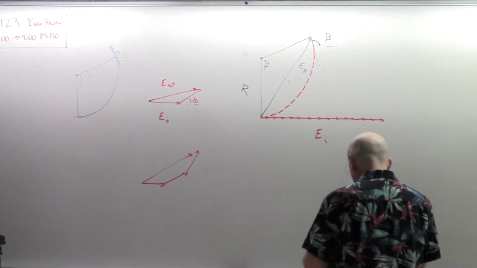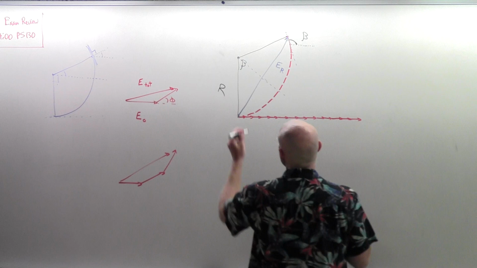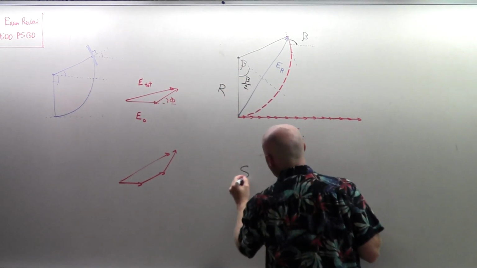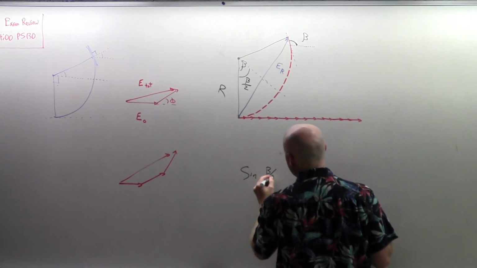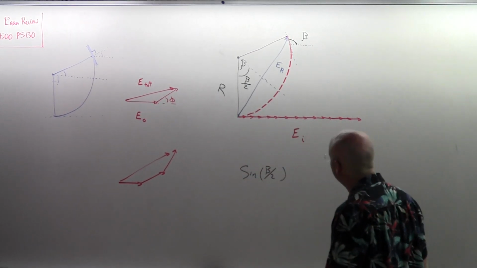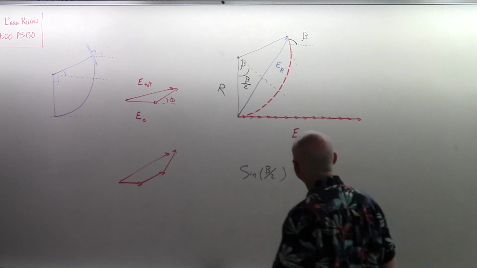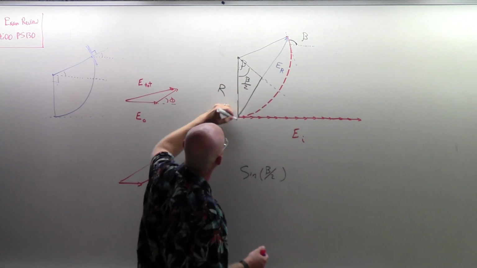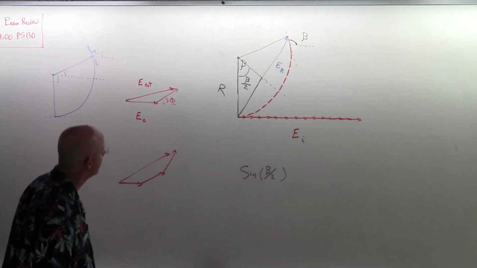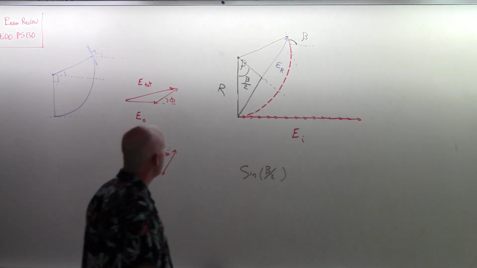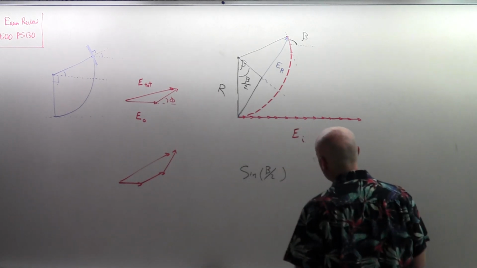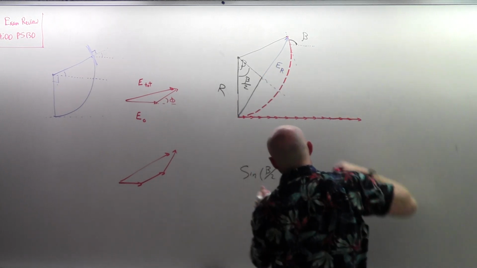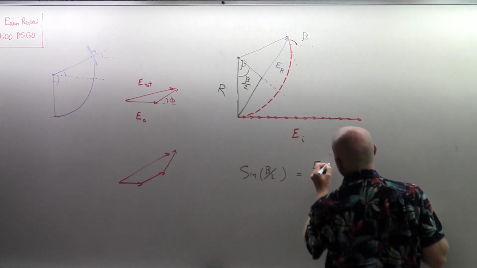I would say then, if that's beta down the middle, then this angle would be beta over 2. And if I look at the sine of beta over 2, then I look at this triangle here, then the sine of beta over 2 would be this leg, which I would call E_R divided by 2.